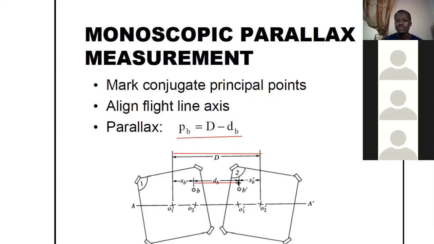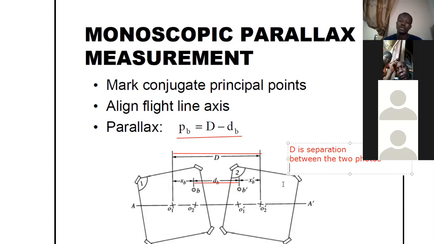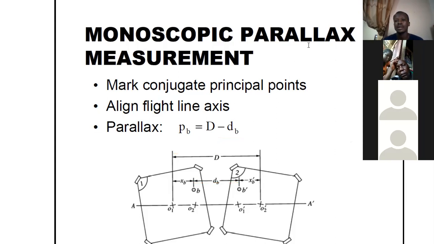So we are looking for the parallax of point B, and capital D is the separation between the two photos. How do you find that? You just look for the center of the photographs, and then you are good to go. So this is a very simple formula, and I believe you can all use it and appreciate it. All right. Let's move on.